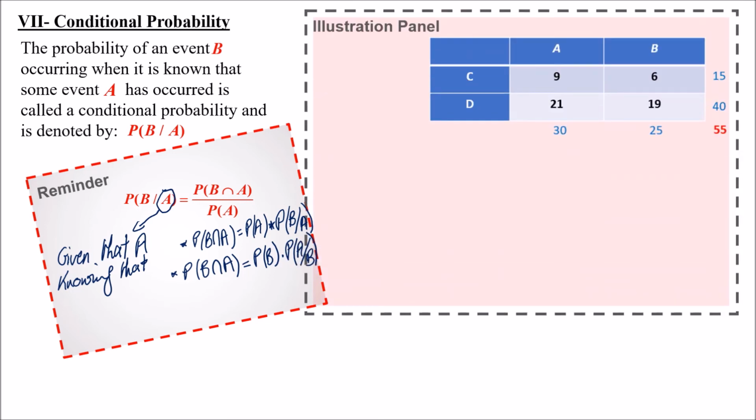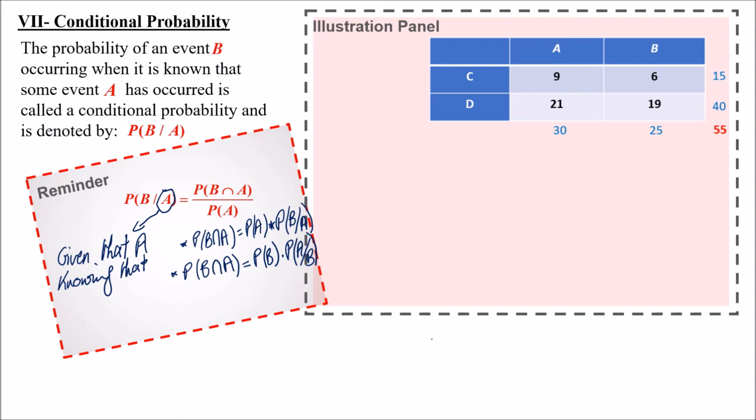Now let us try to explain the conditional probability using this example. But first I need you to know as well that if B and A are incompatible, then the probability of B slash A, the conditional probability, will be equal to 0.